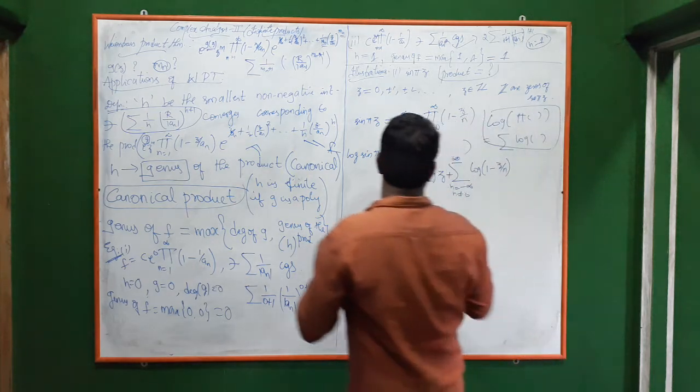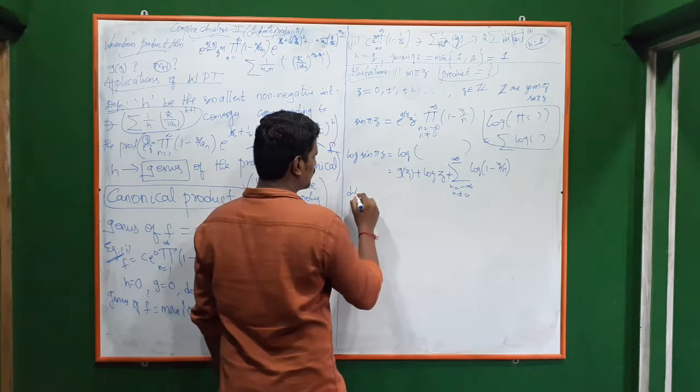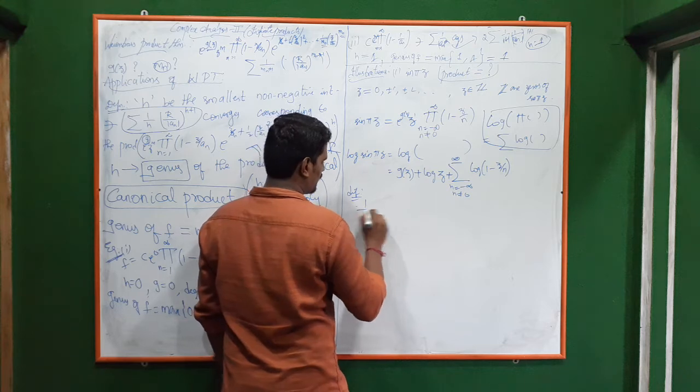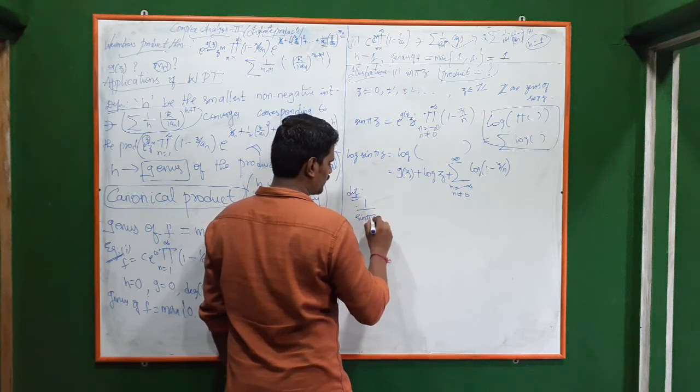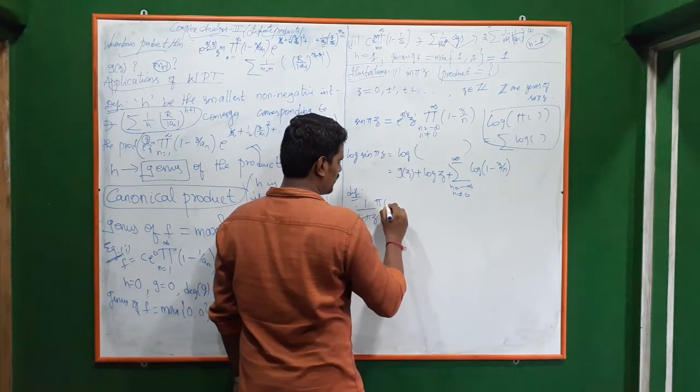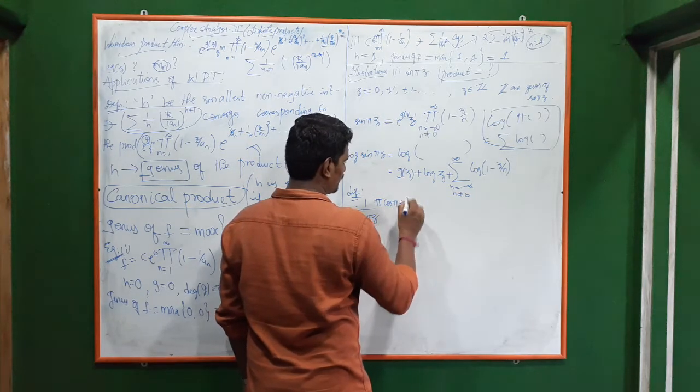So differentiate this. Differentiate on both sides. We will get 1 by sin pi z into pi cos pi z. Correct.